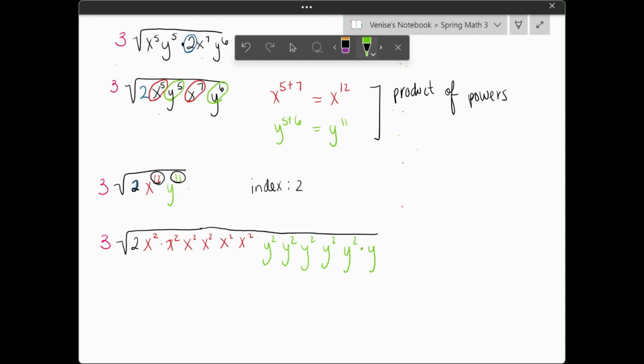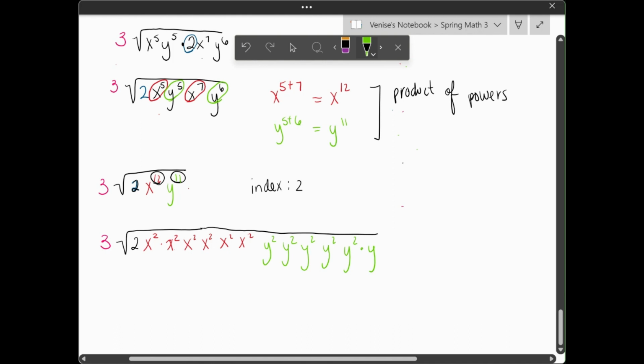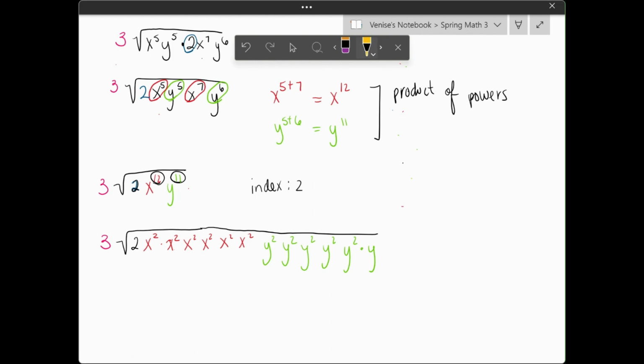So then I separate these, or we can just cancel them out. Since my index is 2, I can cancel out with every one of the ones that have an exponent of 2.